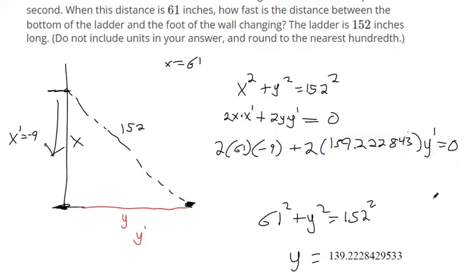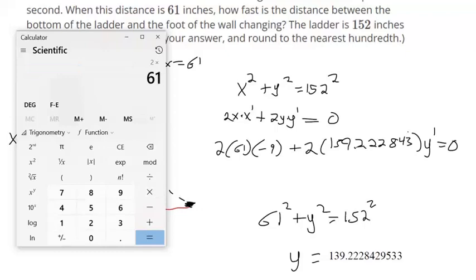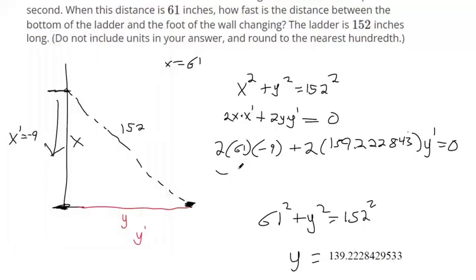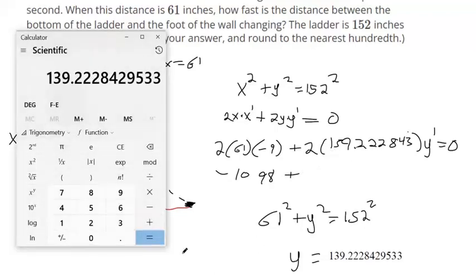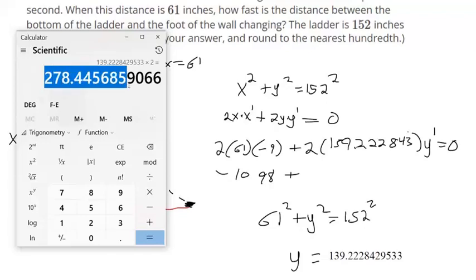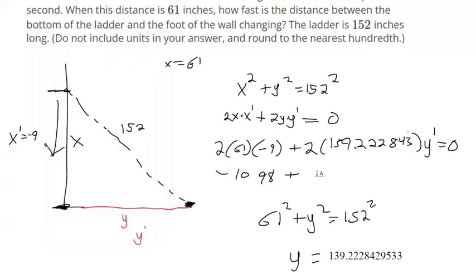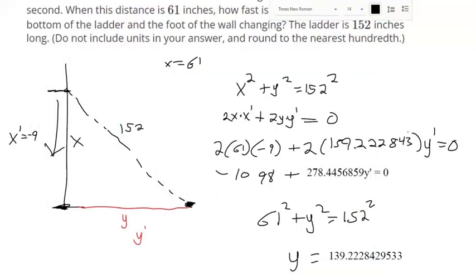Now you can solve for y prime, right? So I'll take this step by step. 2 times 61 times -9 is -1098. And over here, 2 times all that mumbo jumbo. Forgot what it was. There it is. That's y prime equals 0. So if I'm trying to get y by itself, I'm going to erase this because we're done with that.